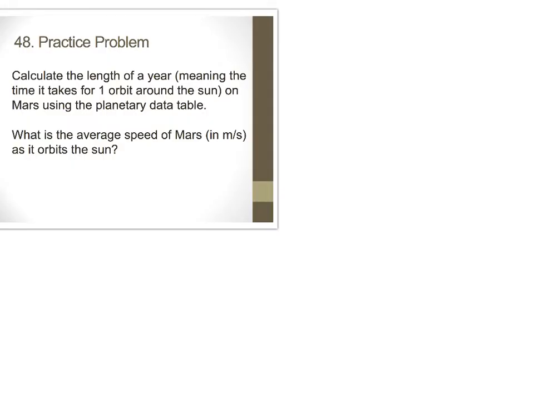Alright, let's try a practice problem. For the first part, we want to calculate the length of a year on Mars, meaning the time it takes Mars to orbit the Sun, using our planetary data. We're going to start with Kepler's third law: T squared equals 4 pi squared r cubed over GM. Basically we're just plugging in the things that we know.